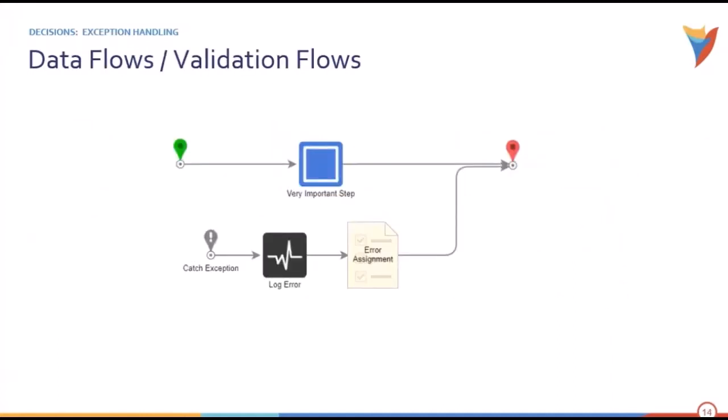Next is the data flows or validation flows. Because data flows do not have the ability to run everything that a normal flow does, such as assignments, async flows, etc., the error handling for a data flow will be slightly different. Make sure you don't add a default error handling flow that has an assigned form. Always keep the user experience in mind.